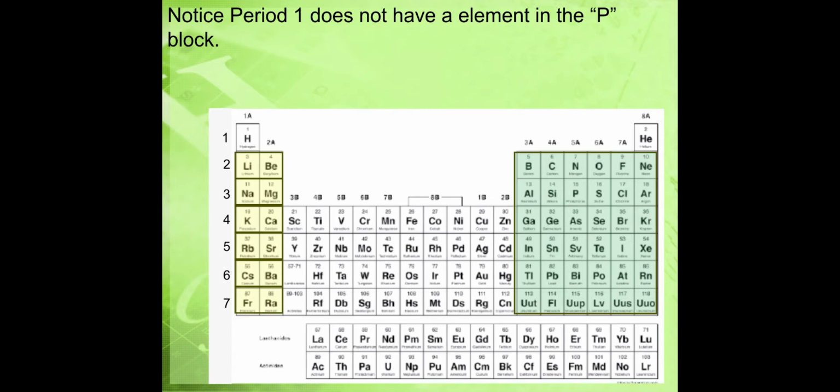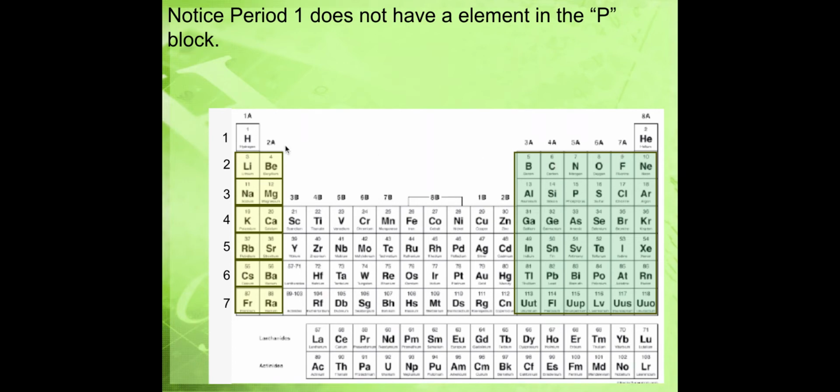So now we are in the p block. One thing you need to notice is that the p block doesn't touch period 1. If you have a ruler and you trace from hydrogen all the way to helium, you will realize that it does not touch the p block. The p block only starts from period number 2.